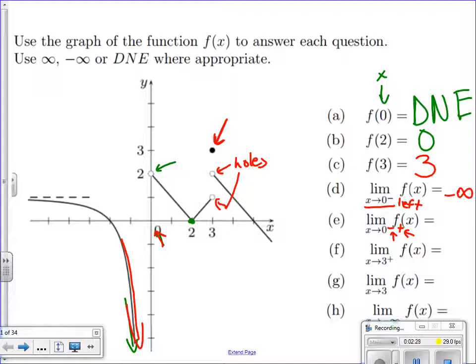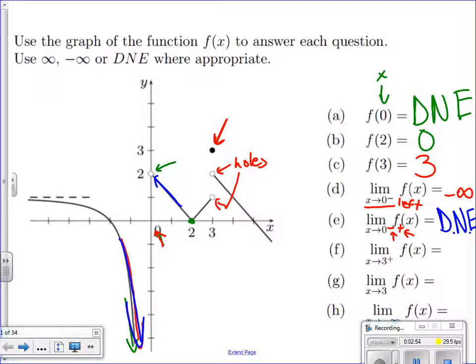Well, we can see that on the left side, we said a moment ago, it was going down to negative infinity. But on the right side, as you approach 0 from the right, it's approaching what looks to be a value 2. But because they're not ending up at the same spot, this would actually be DNE. So that would be the answer for E.